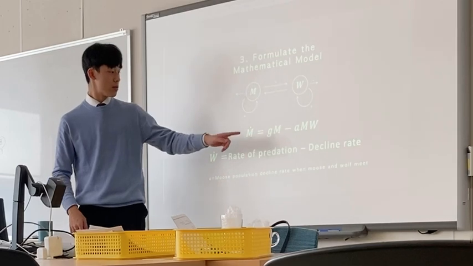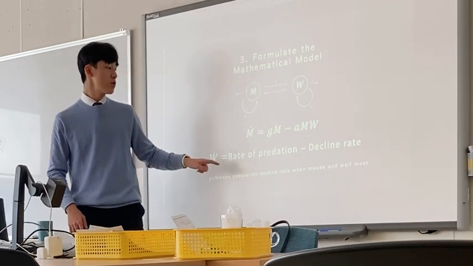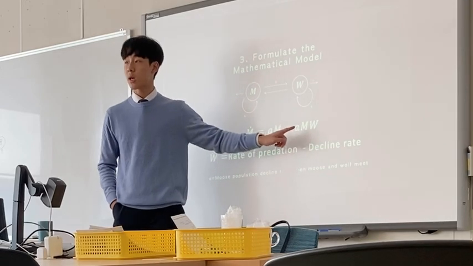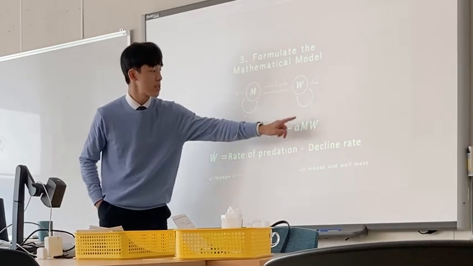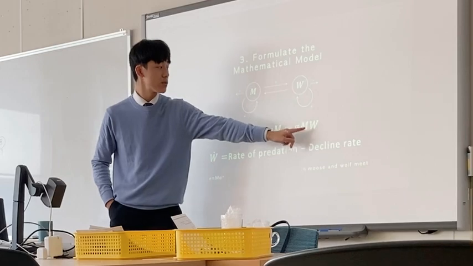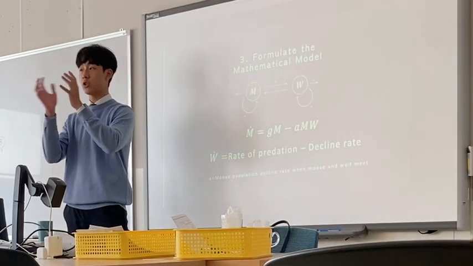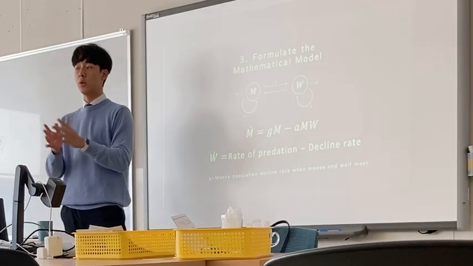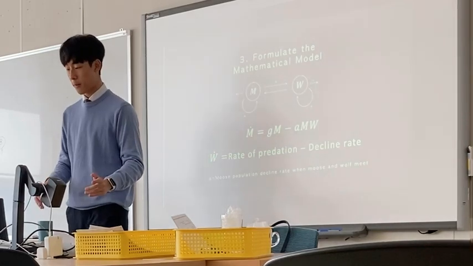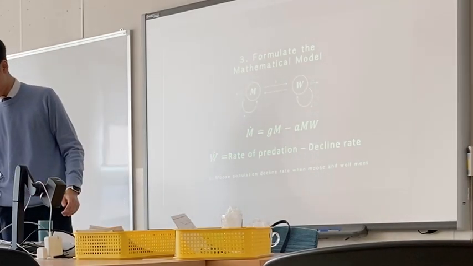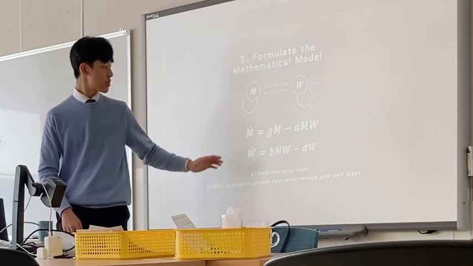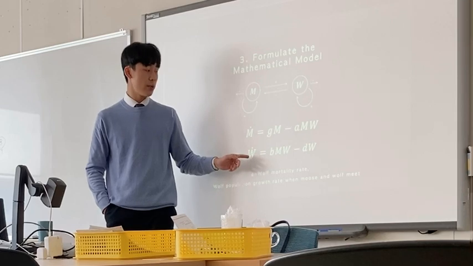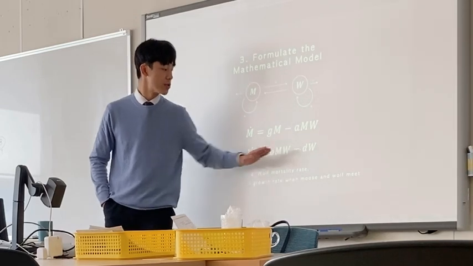And here, the decline rate will be moose population decline rate when moose and wolf meet, which is A times M times W. Because this is basically the probability, because M times W would be the probability in which the two meet, and then if you multiply A, that would be the probability in which a moose dies off. Using the same method, we also represent this dW/dt as this equation right here.